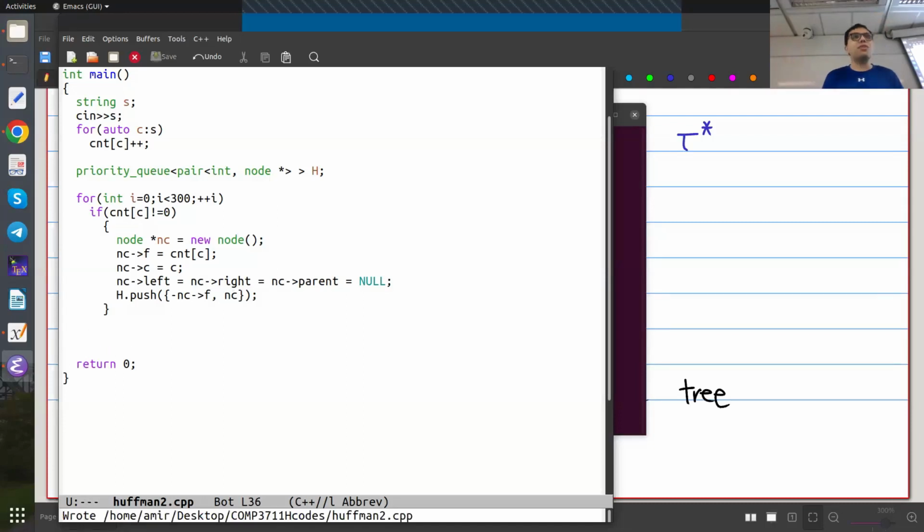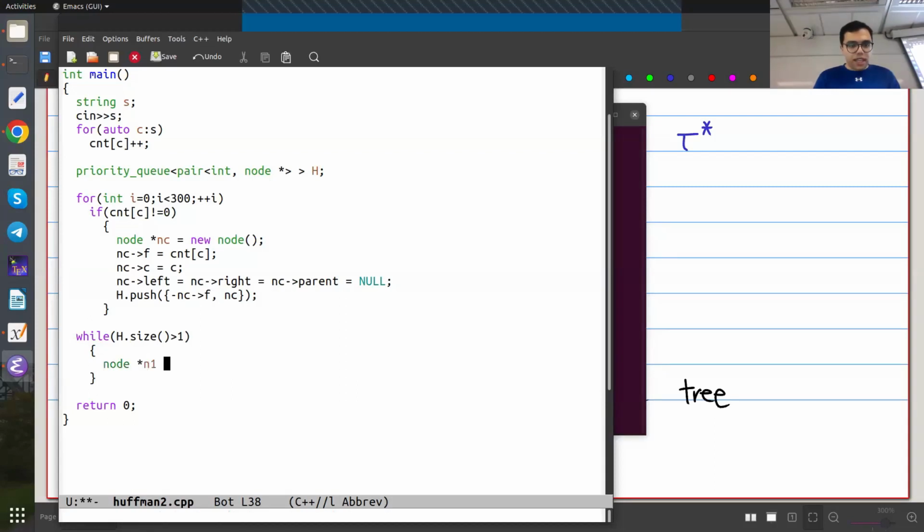Now, what do I want to do? I want to do these mergers. Every time I want to take the two nodes with the smallest possible frequency and merge them together, have a parent that has these two as its children. And I want to do this until I have only one node remaining. So I say, as long as the size of my heap is more than 1, take the two nodes with the smallest frequency.